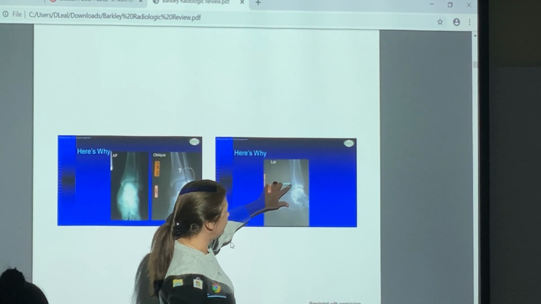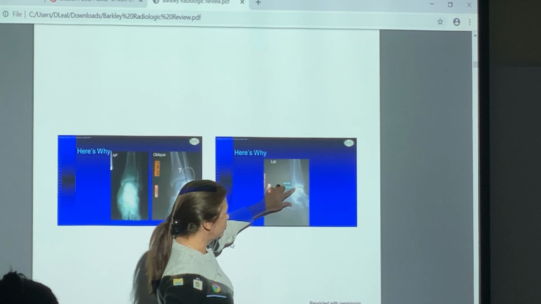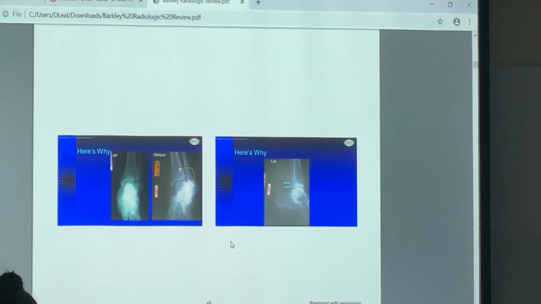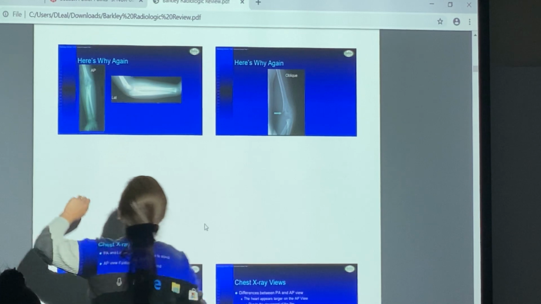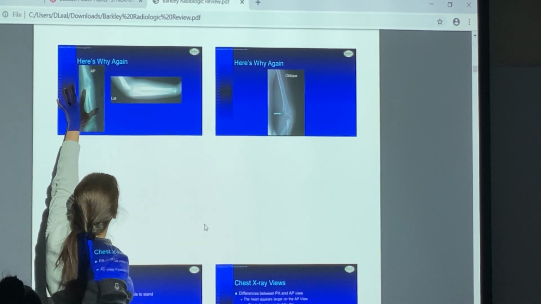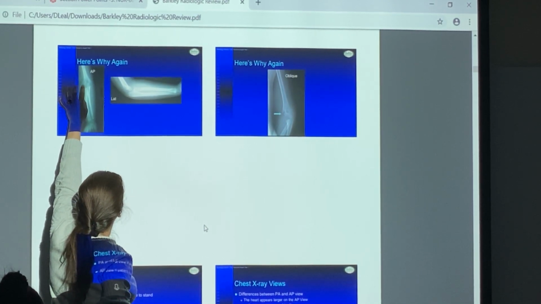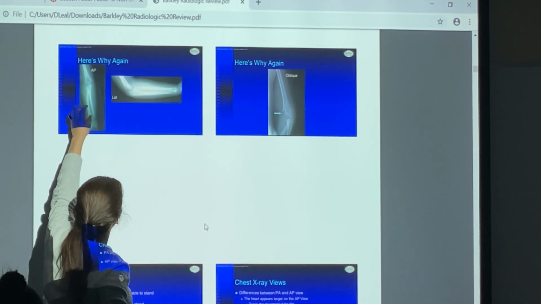Same way here. I don't know if you're able to see the fracture right there. You see a line? I know that the slides are not the best, but do you see a line? Yeah. When you have it in front of you on your computer, you will be able to see it. The same here. First, there's a disconnection of the radius with the head of the humerus, in the actual epicondyle.